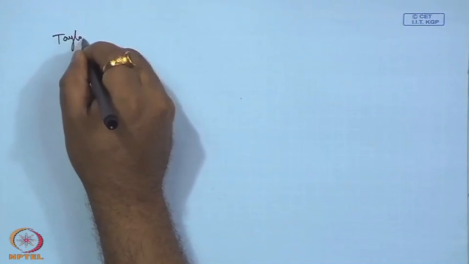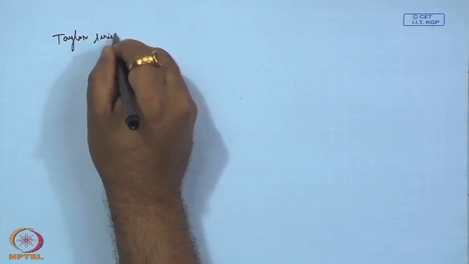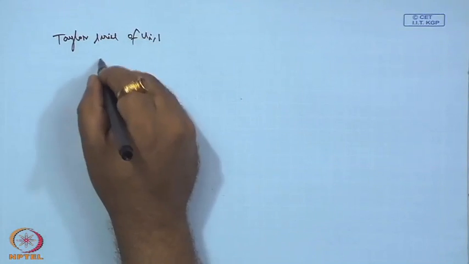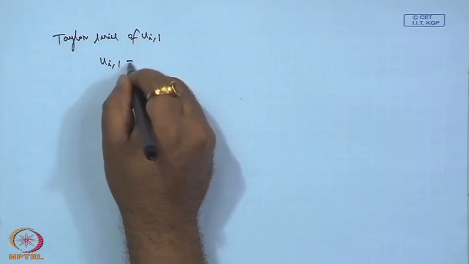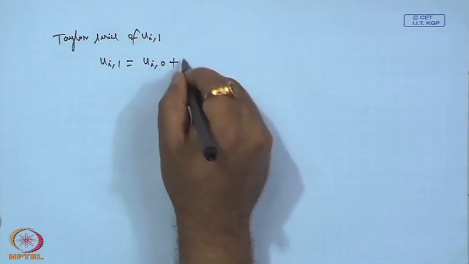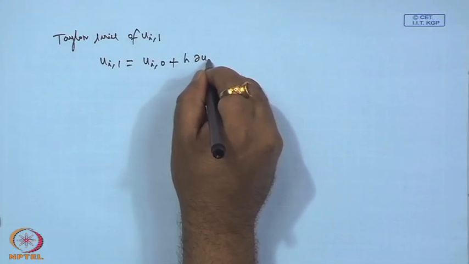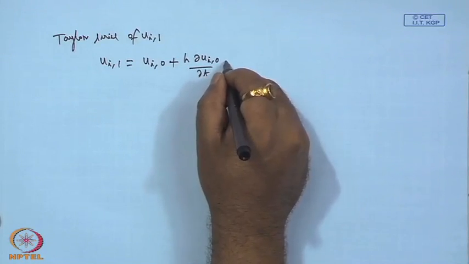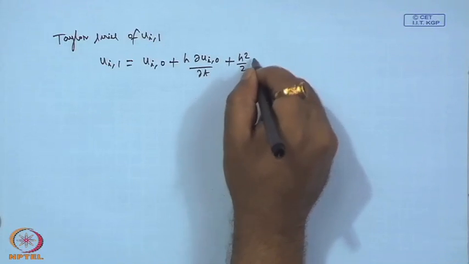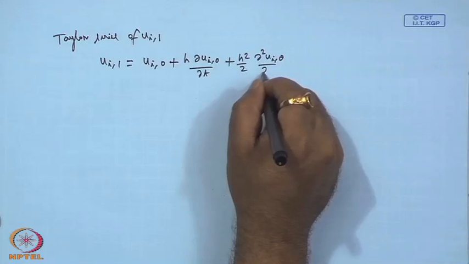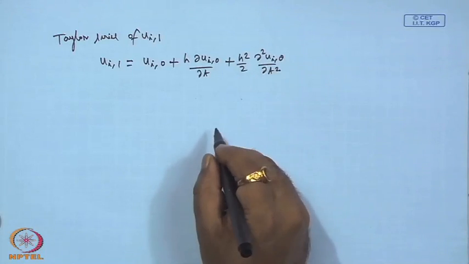expand the Taylor series of this u I 1. So, from that u I 1 equals u I 0 plus h u_t plus the error term. Okay.